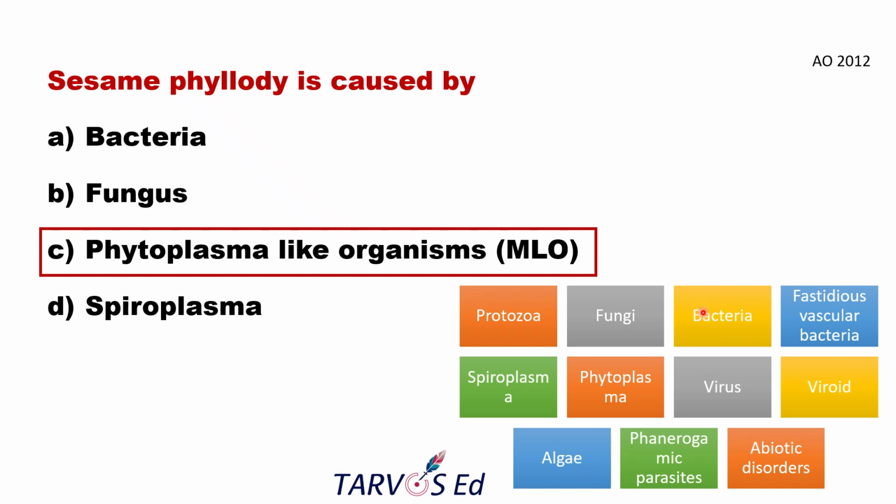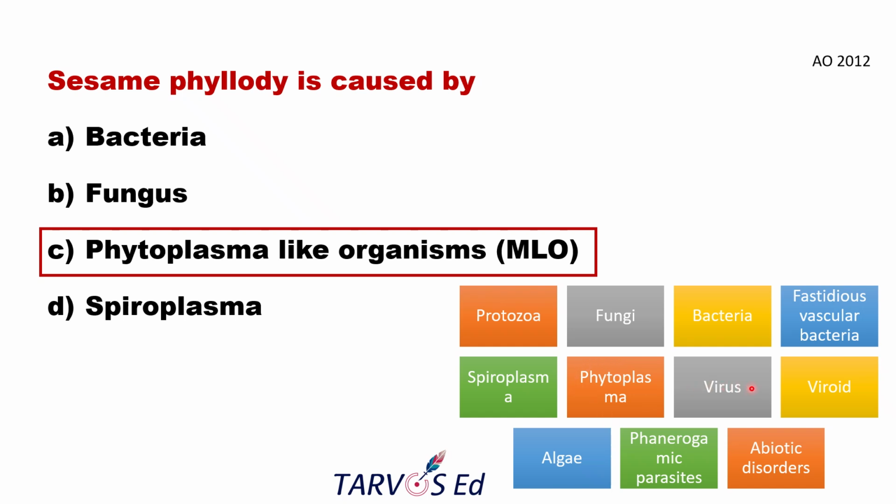So it will be present on the surface of the plant system. Certain types of bacteria will be present only inside the xylem and phloem vessels of the plant, which are called fastidious vascular bacteria. Certain types of bacteria will be wall-less in nature, so they will not have a definite shape. That's why they are called mollicutes. In the mollicutes or wall-less bacteria, there are two classes: phytoplasma and spiroplasma. Spiroplasma will be spiral in shape. Phytoplasma will not be spiral in shape.